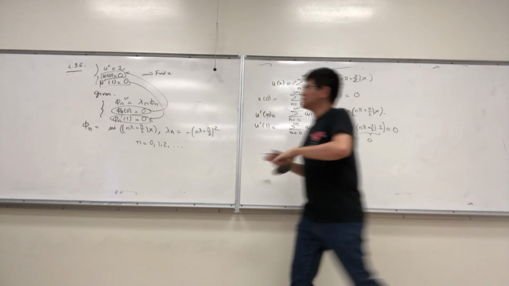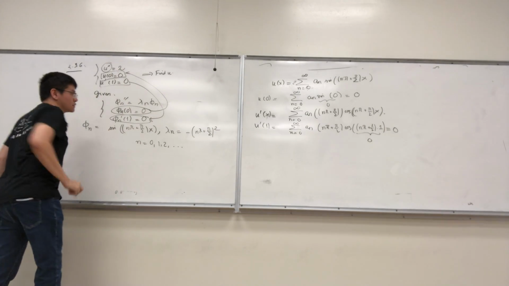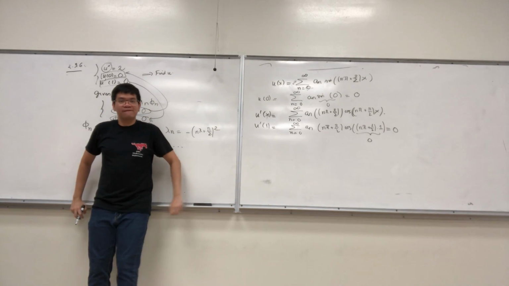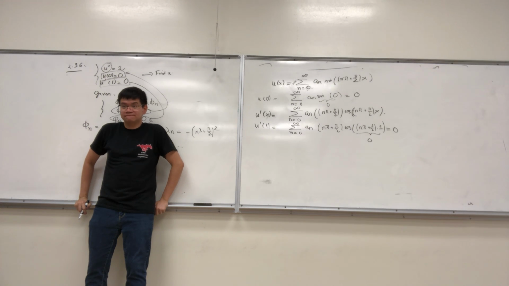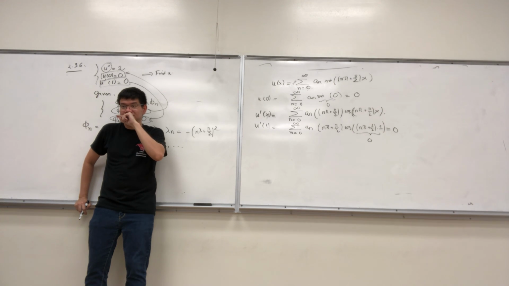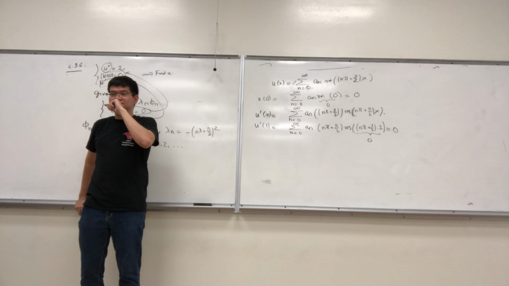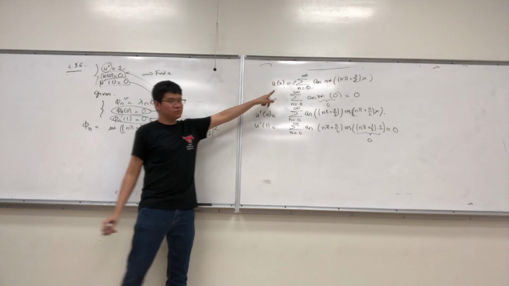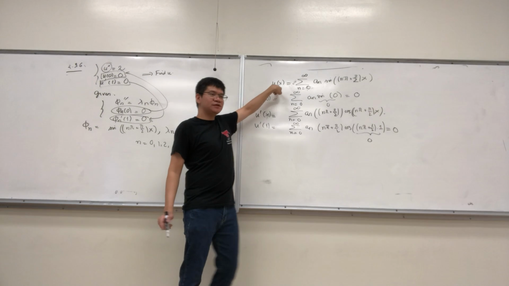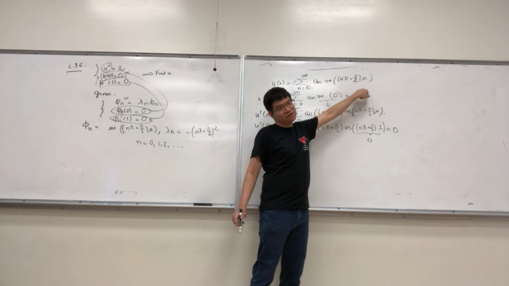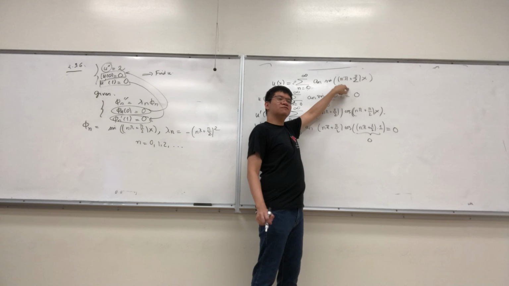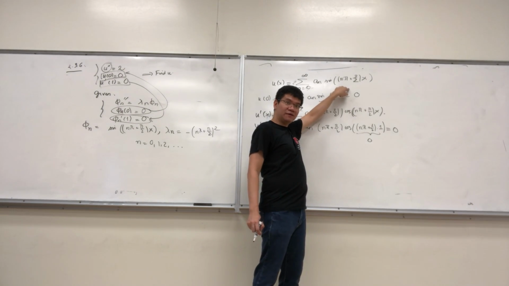Right. But now because I'm interested in u second, what is u second? It's negative n pi plus pi over 2 squared, plus the summation we got for u of x. If you want to take the second derivative, you take the second derivative of the sinus. But the second derivative of sinus will give you lambda, right?